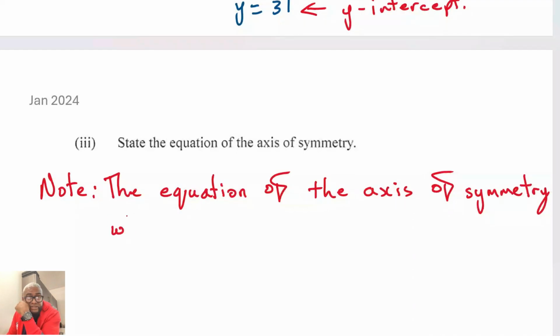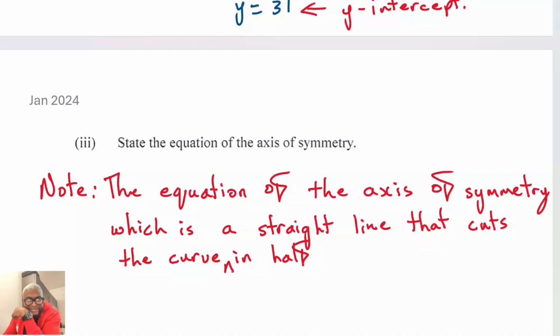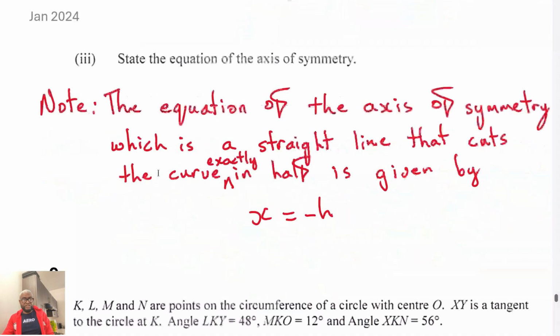So the equation of the axis of symmetry, which is a straight line that cuts the curve exactly in half, is given by x is equal to negative h. That is the equation of the axis of symmetry.